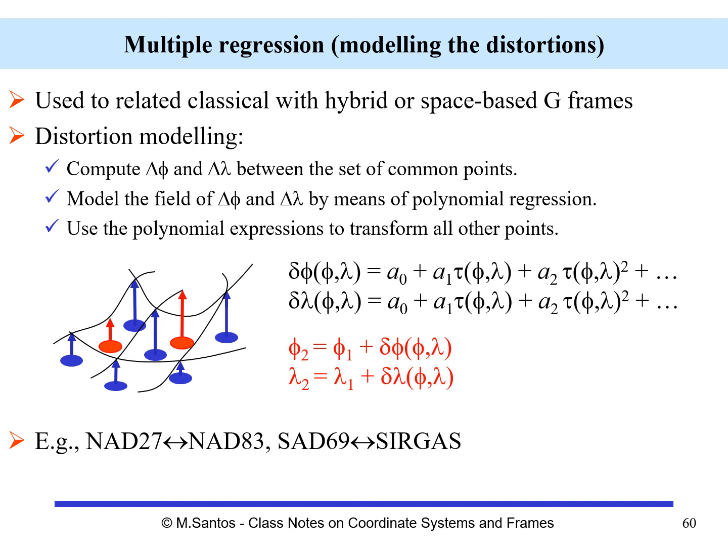The Australians also did the same to relate their classical network and the new space-based network. So these are the three different ways of relating between geodetic Cartesian coordinate frames.